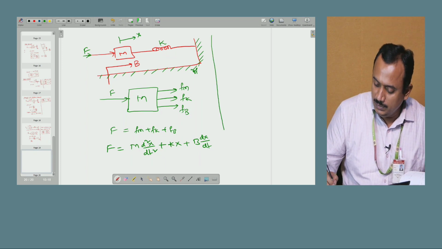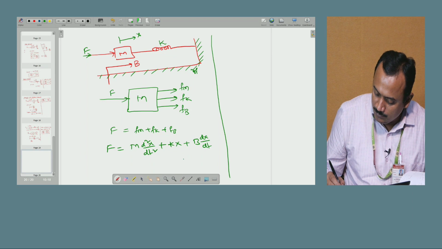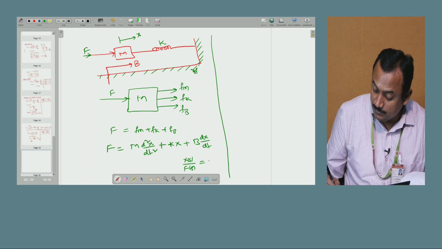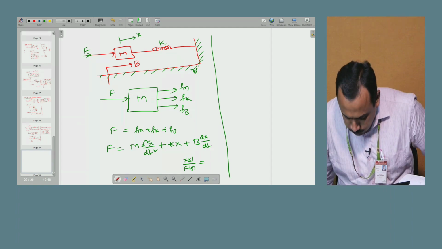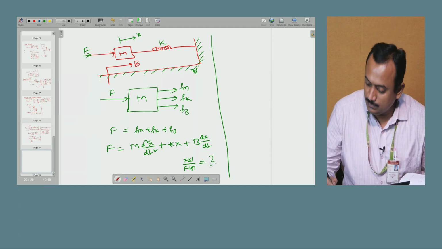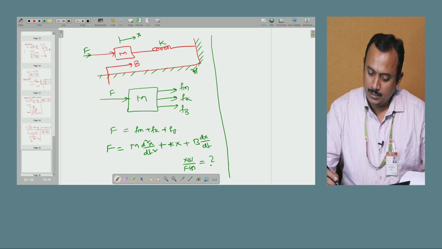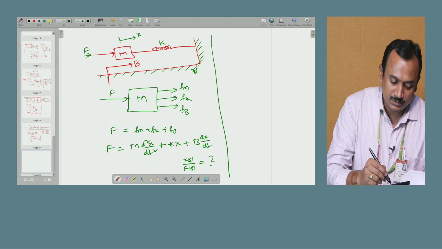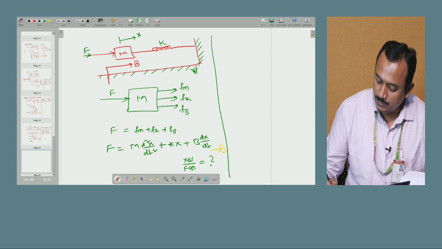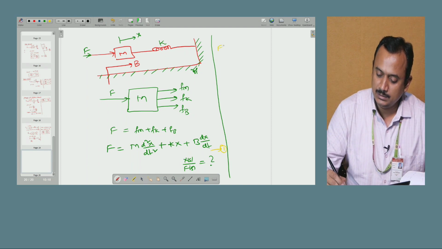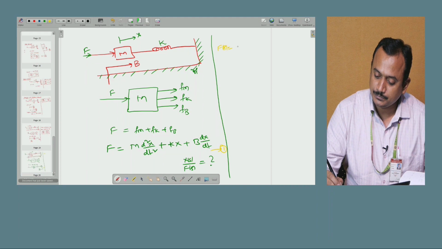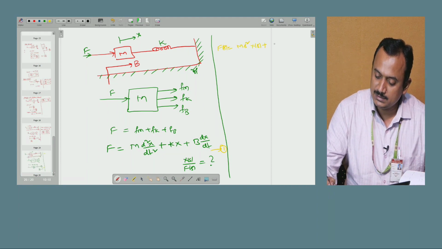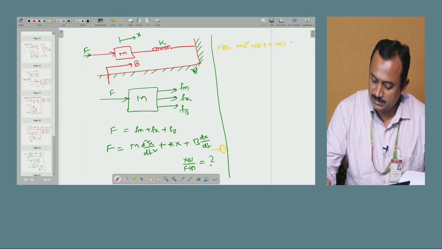Now we need the Laplace transform of the output, that is x of s, and the Laplace transform of the input, that is F of s. This is what we need. Now apply the Laplace transform to this equation 1. What is that we will get? F of s is equal to m into s square into x of s plus k into x of s plus b s into x of s.